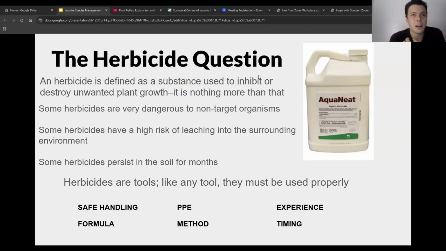So if you take a 10% plus vinegar solution and mix it with salt, yes, that's absolutely going to at least top kill some of your plants. It's also going to affect everything else around it.